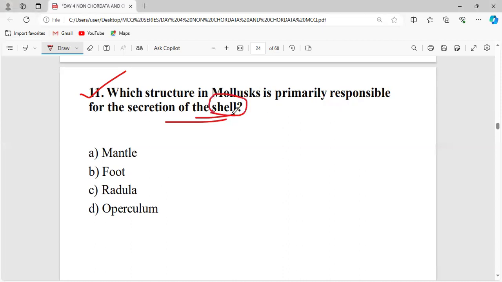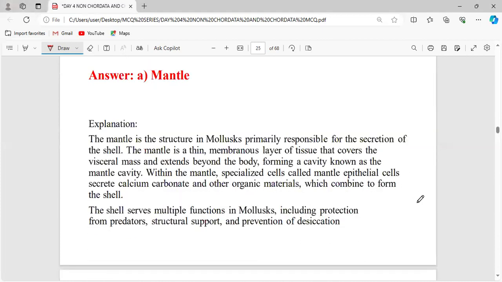The shell is made up of calcium, a calcareous shell. This shell is secreted by the mantle. See the mantle, the characteristic features of the mantle: it is a thin membranous layer of tissue covering the visceral mass. Visceral mass means our important organs. It extends beyond the body, forming a cavity called the mantle cavity.